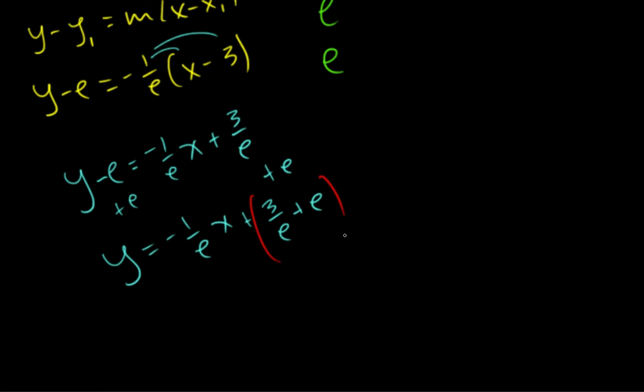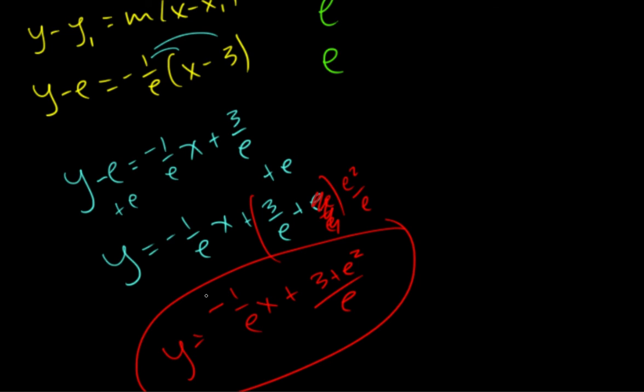And then we want to combine these somehow, and so to do that, we're going to do e over e, so it's going to be e squared over e, and if we add those together, we get negative 1 over e x plus 3 plus e squared over e.